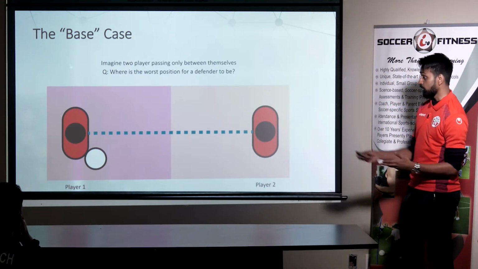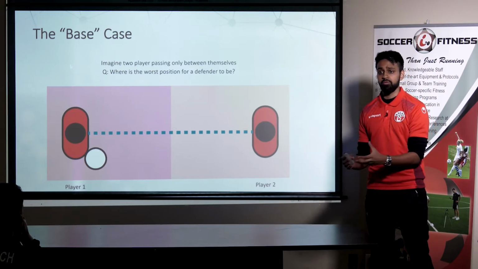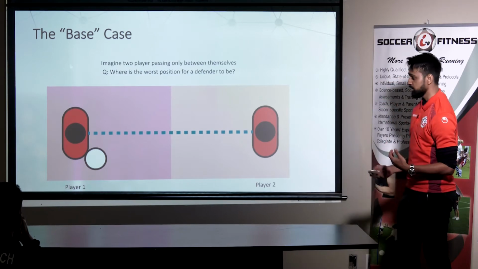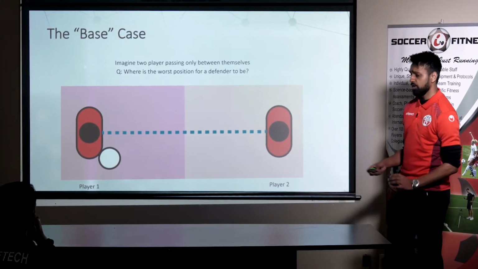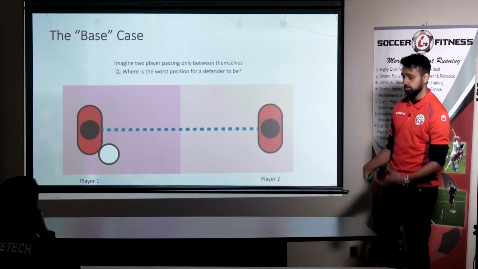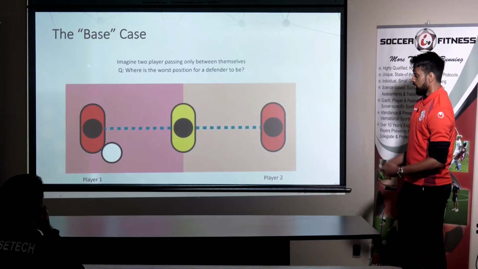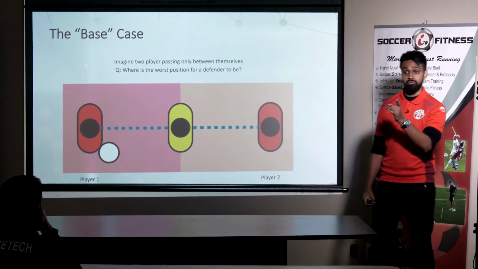And once the ball travels over, it would suddenly be player two's zone, and player two takes responsibility of the ball. So naturally, if you're a defender in this red area, you're putting pressure on player one. You're in player one's zone. If you're in the orange area, you're in player two's zone, and you're pressuring him. So the worst position for him to be would be what we call the boundary line between the two zones.